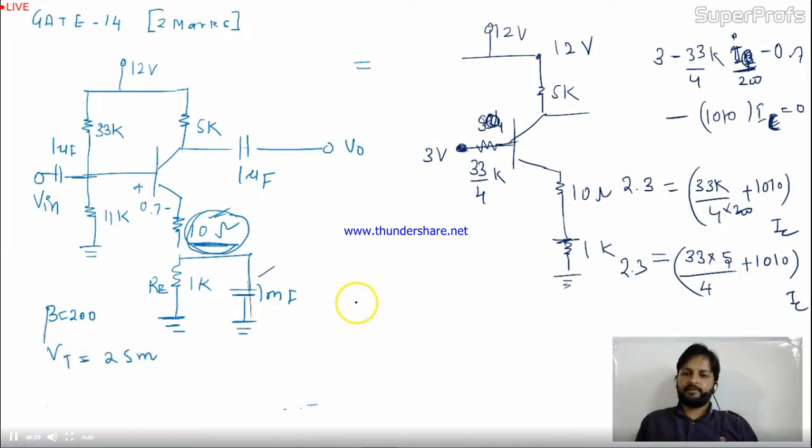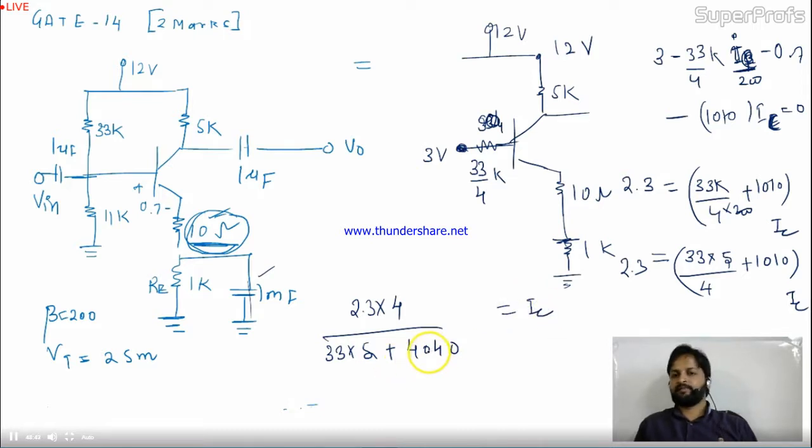So IC is 2.3 into 4 divided by 33 into 5 plus 4040. When you solve this, you will get IC equal to 2.2 milliampere.